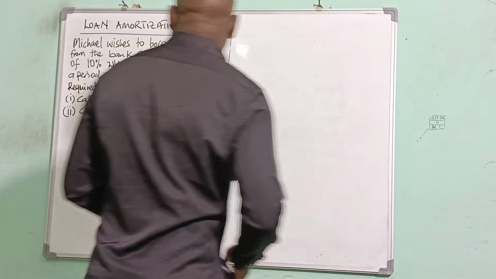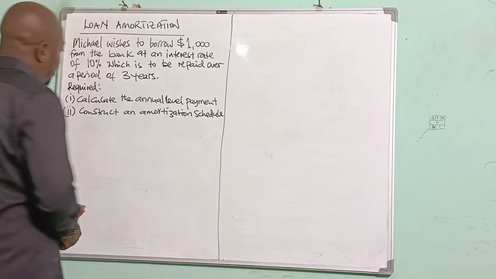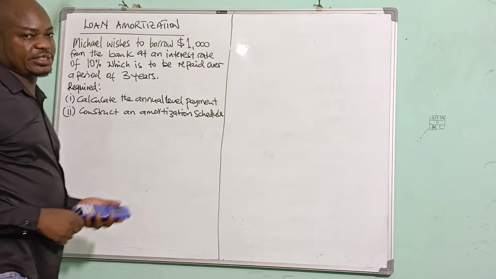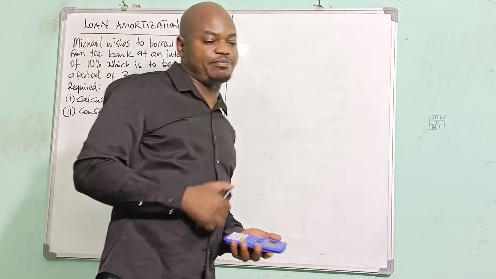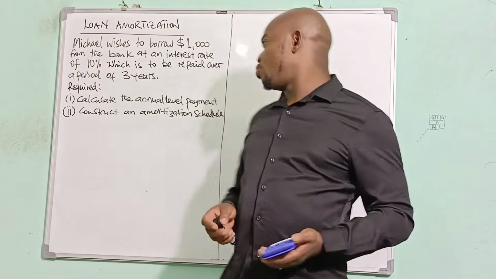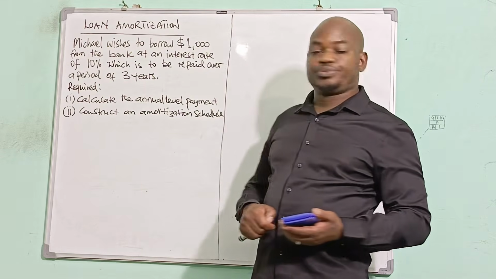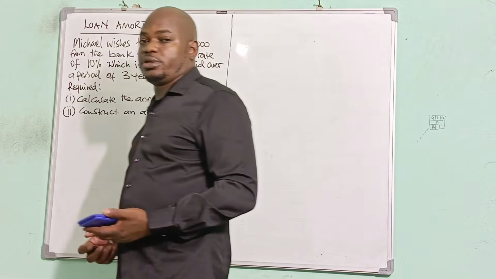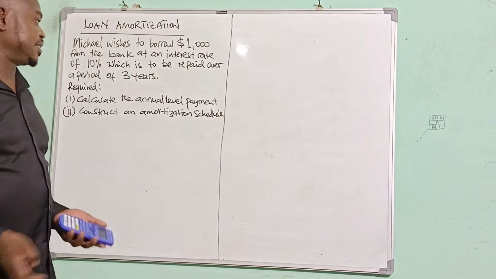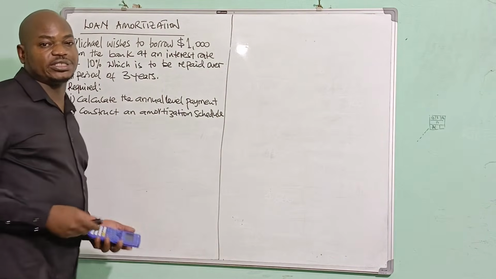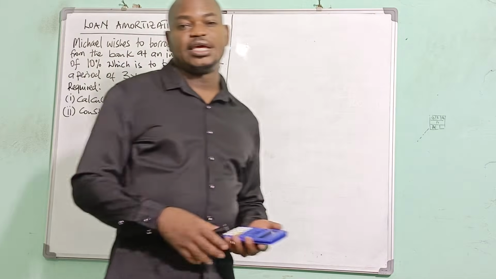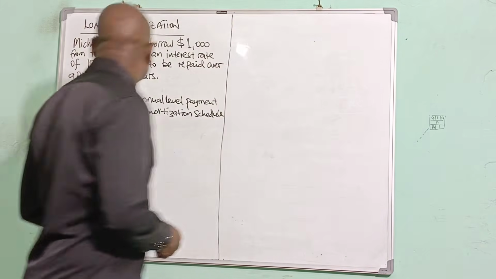All right. So now when we talk about the annual level payment, this is the payment that Michael will be paying every year. In our country, if you get a loan, you pay on a monthly basis, and that amount does not change.